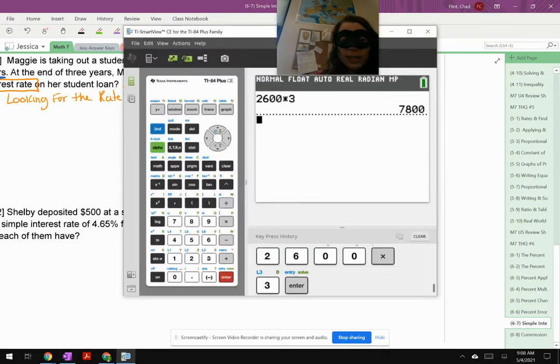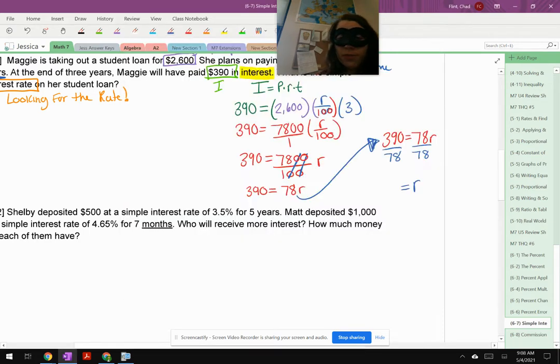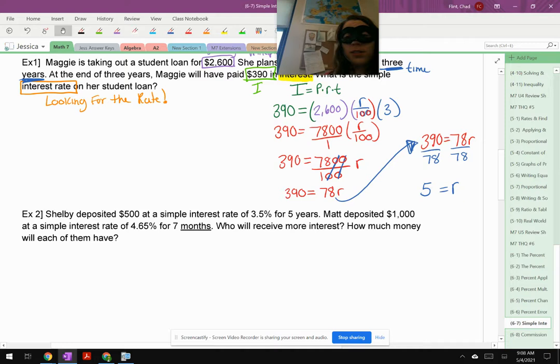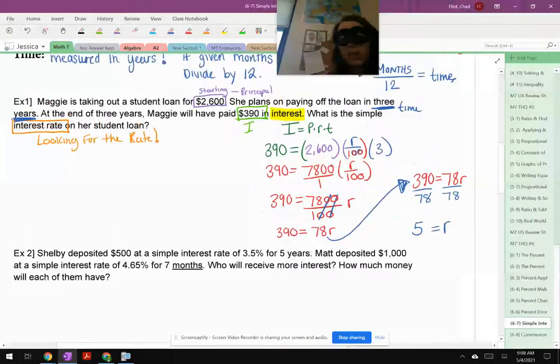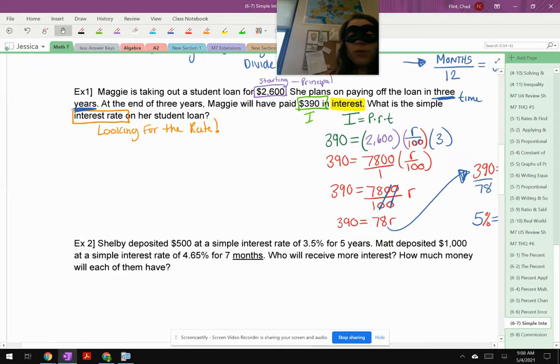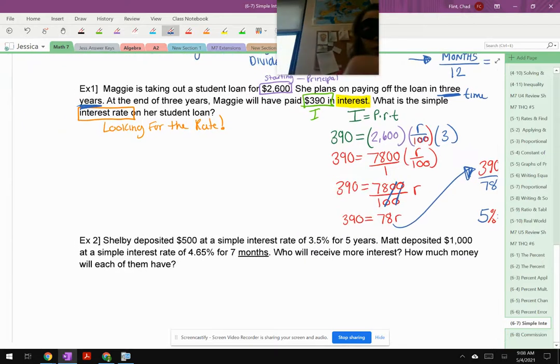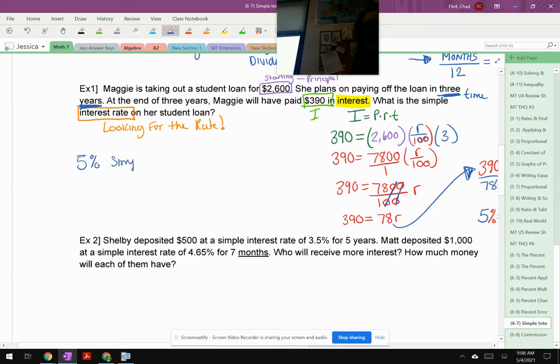So 390 divided by 78 is equal to 5. Well, that was nice. That rate was an R, that's a percentage, so it's a 5% simple interest rate.